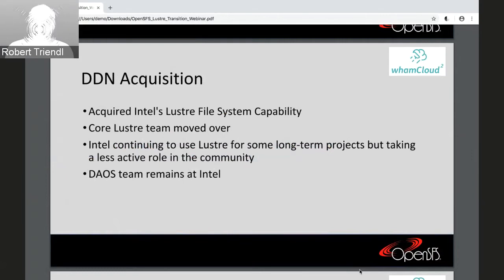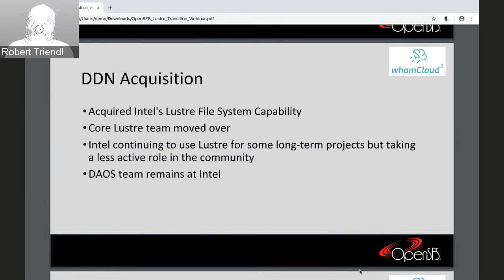There is an important team that remains at Intel that is separate from Lustre, but has some relations to the Lustre team. That is the Deos team. The Deos team remains at Intel. That was not part of this acquisition, in terms of clarification. We are continuing to work together with the Deos team.